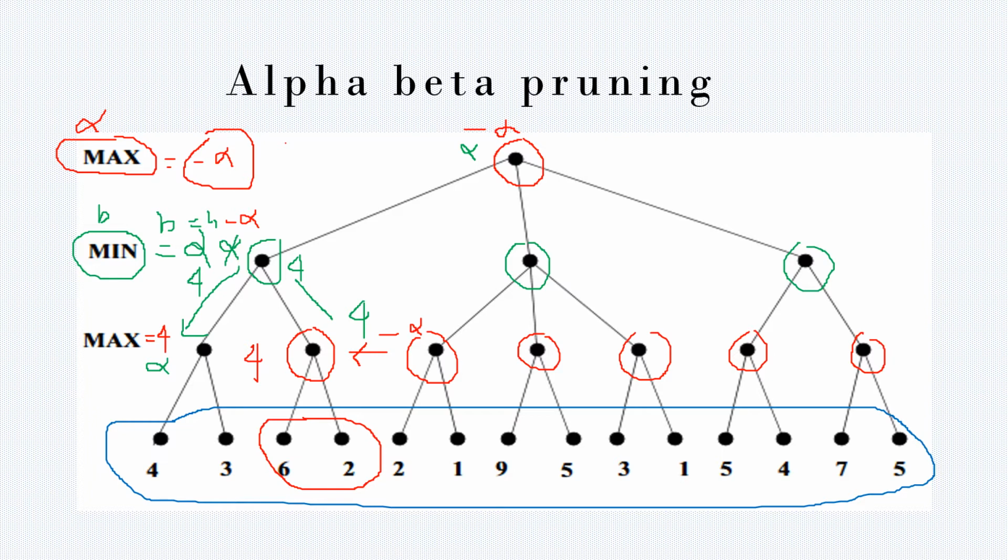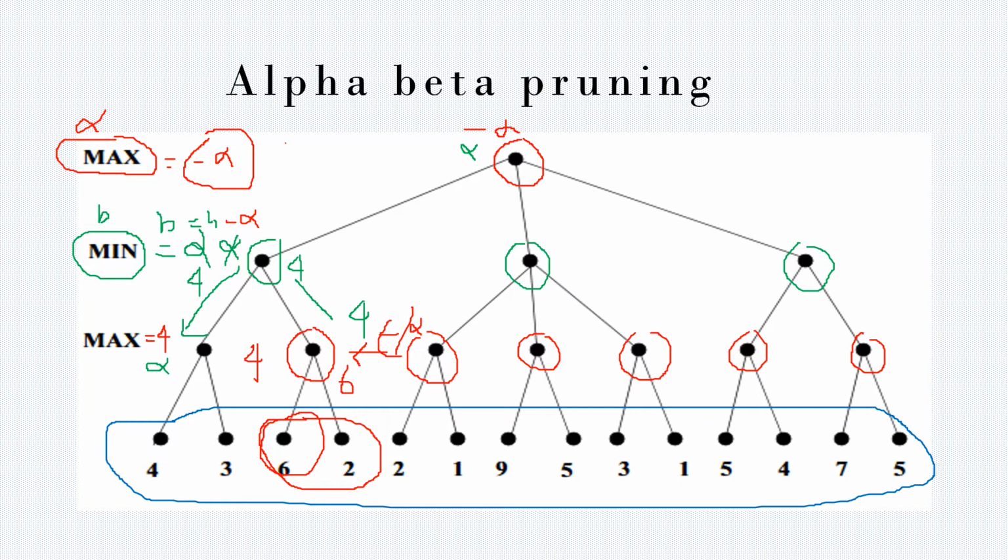This is the turn of Max, so Max will get 6, and it will compare with negative infinity. 6 is greater than negative infinity, so the value at this node will now be 6.